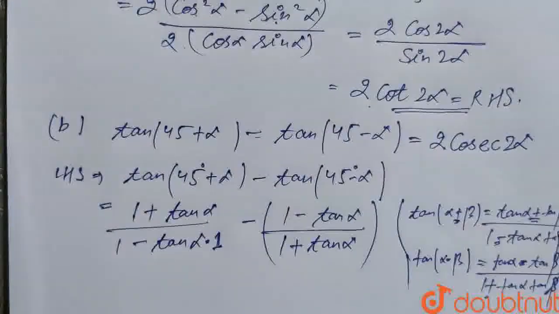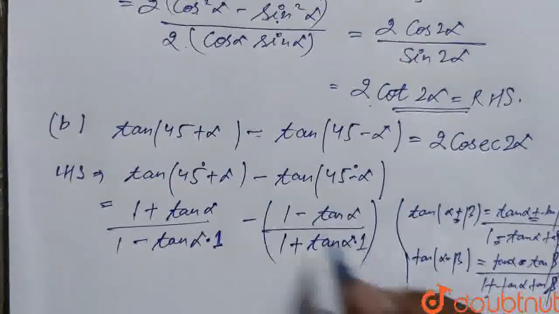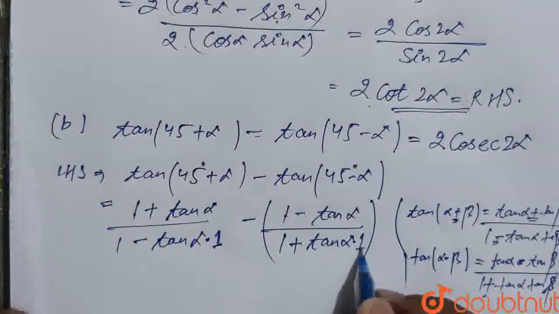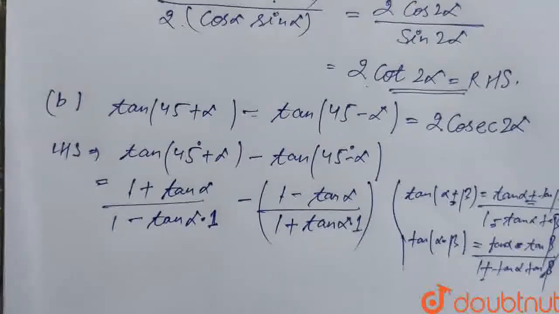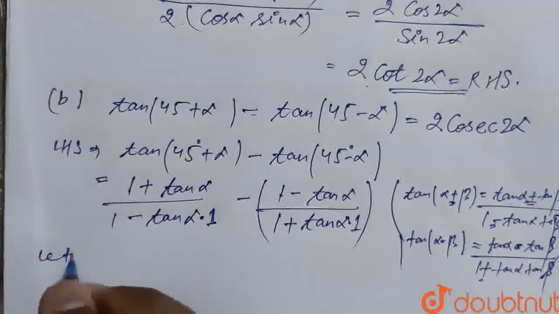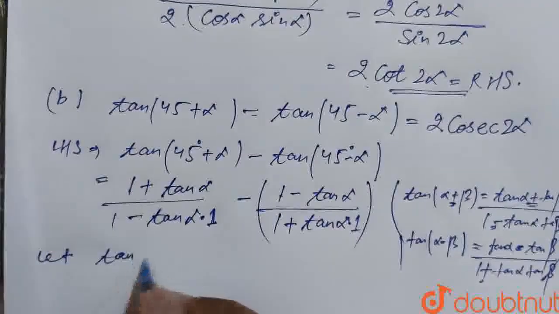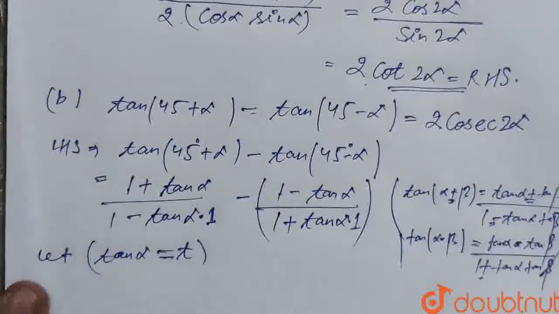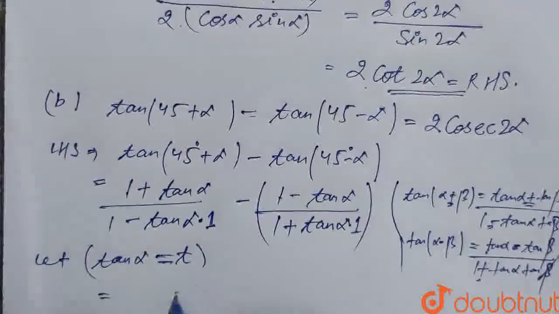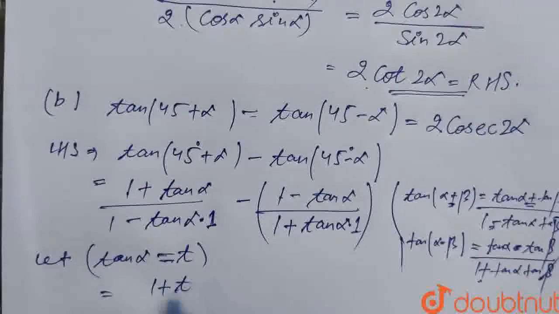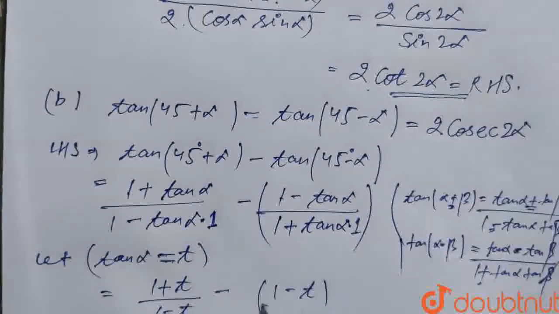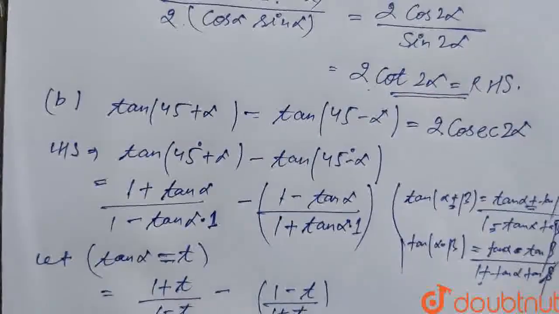In this expression also we have written tan 45 as 1. Now we will let tan alpha equal t. So 1 plus t upon 1 minus t, minus 1 minus t divided by 1 plus t.